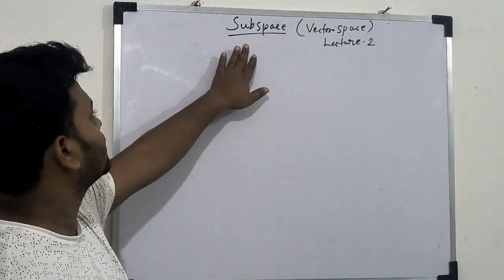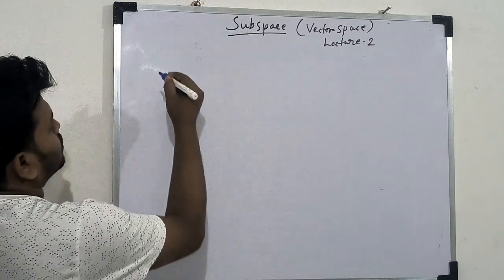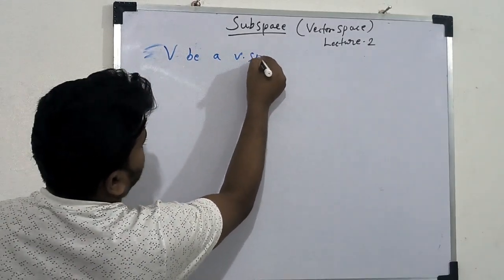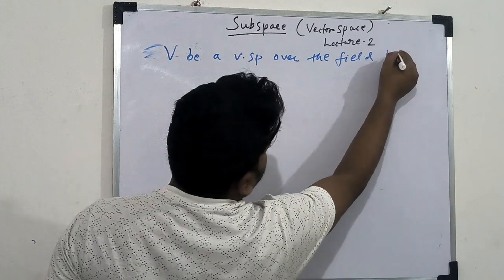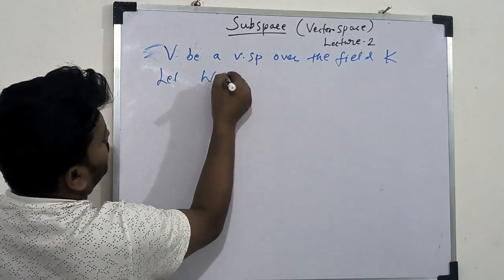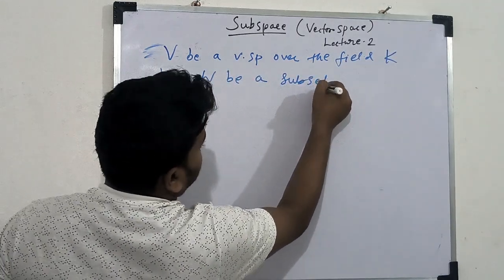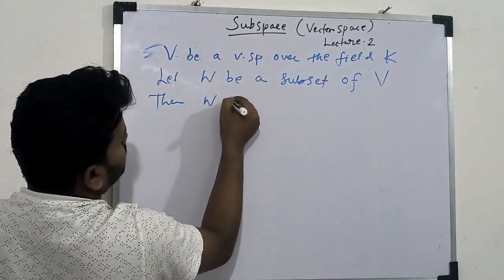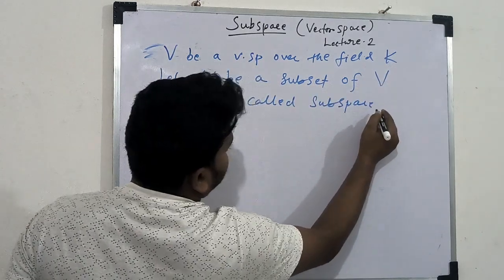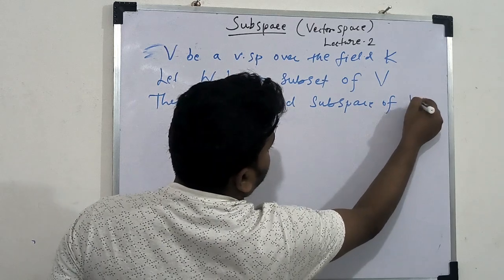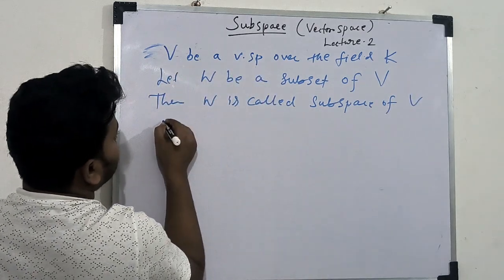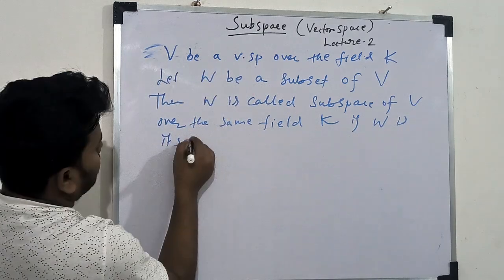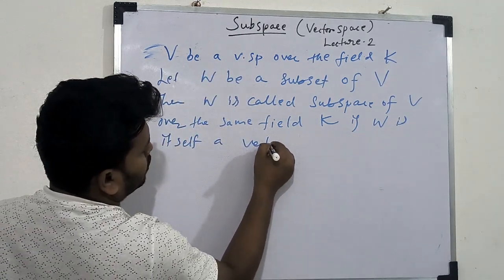So today I will discuss subspace of a vector space. For that, let's consider V be a vector space over the field K, and let W be a subset of V. Then W is called a subspace of vector space V over the same field K if W is itself a vector space.